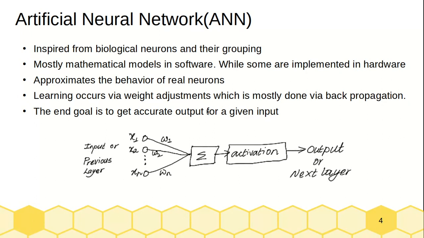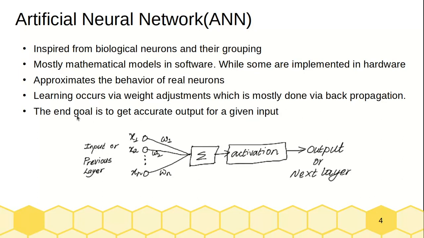The learning occurs via adjustment of weights, which is mostly done by backpropagation. Backpropagation is like an optimizing algorithm that works via gradient descent. We'll get into that when we actually implement the neural networks.